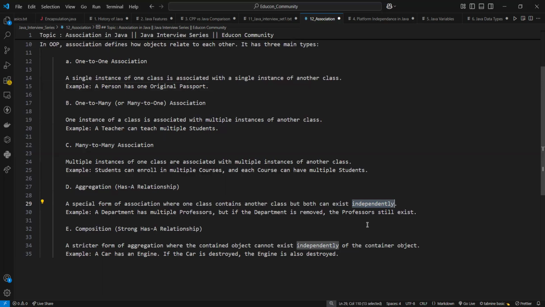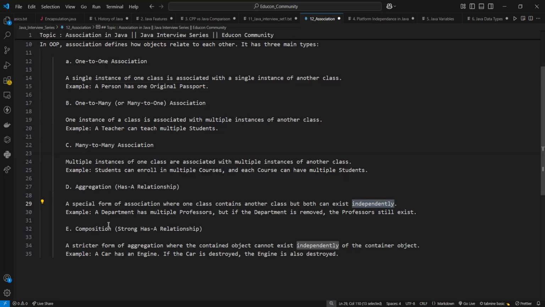Like a department has multiple professors, but if the department is removed, the professors still exist. Professors can go to another organization, find a department there, and teach there also, right? That is aggregation, a weak relationship.